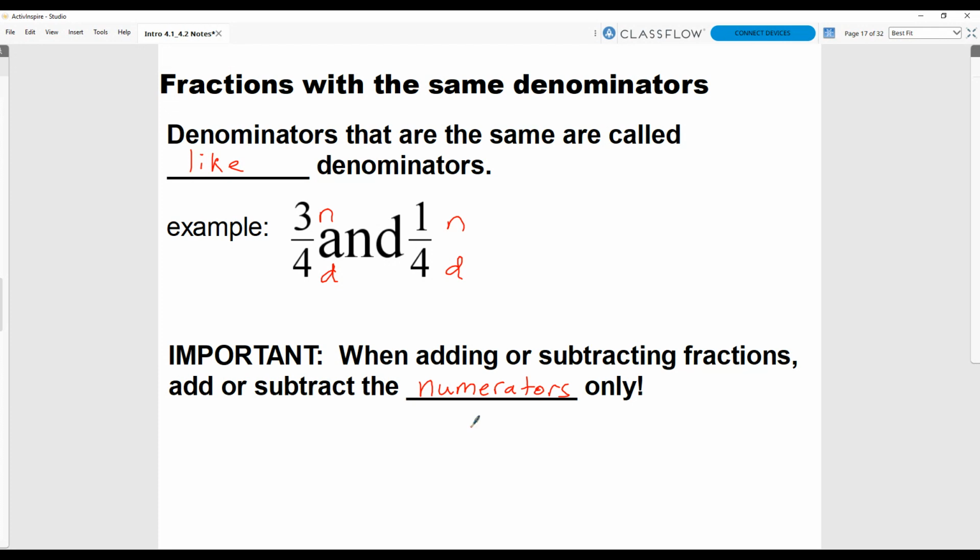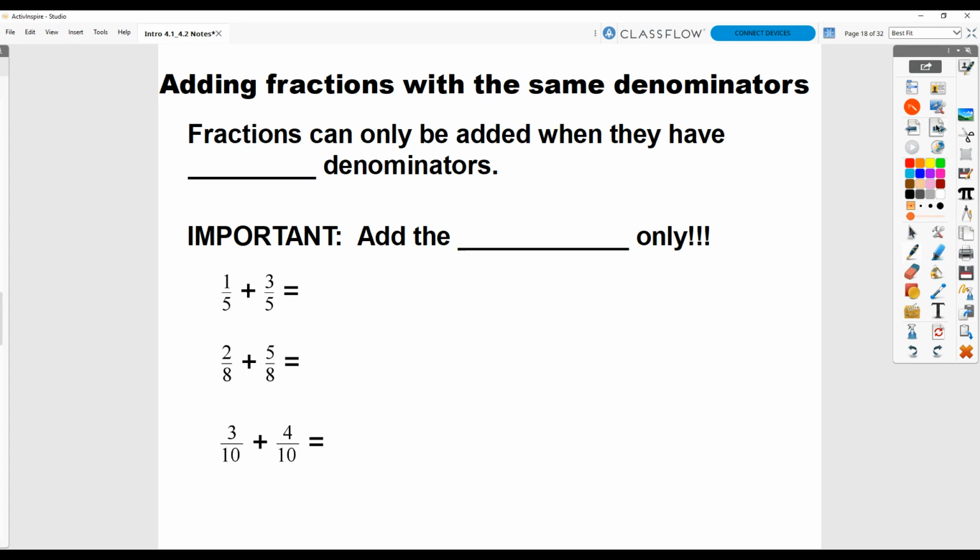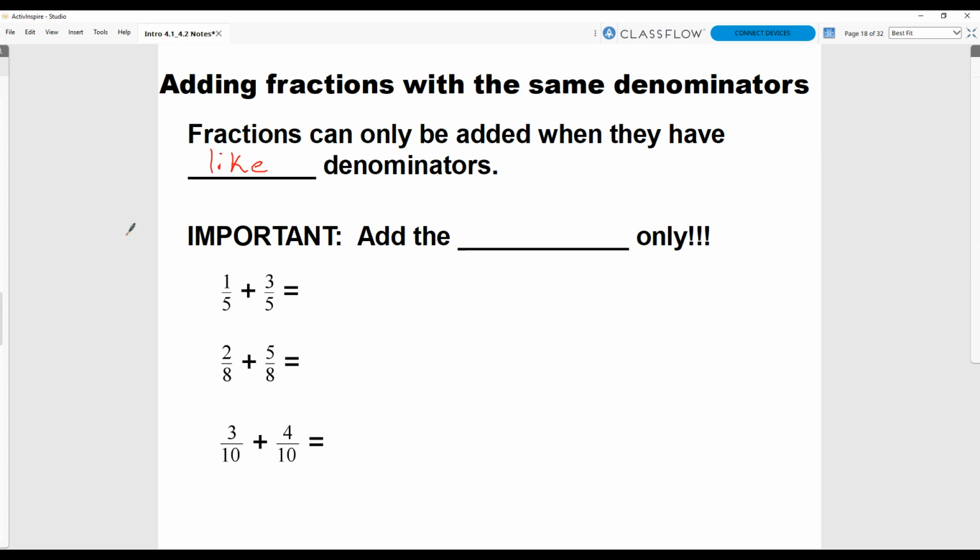We're only focused on doing math with the numerators. So we're going to add fractions that have the same denominator. The only time we can add fractions is when they have like denominators. They have to have the same denominators to be able to add them.